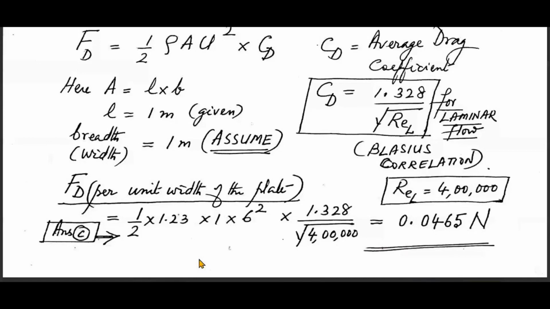If you want the total drag force on both sides, then multiply by 2. So in examinations, if the idea is not clear, you give both: the drag force considering one surface only, and the drag force considering both surfaces, that answer multiplied by 2. So the area will be doubled. That is the idea.